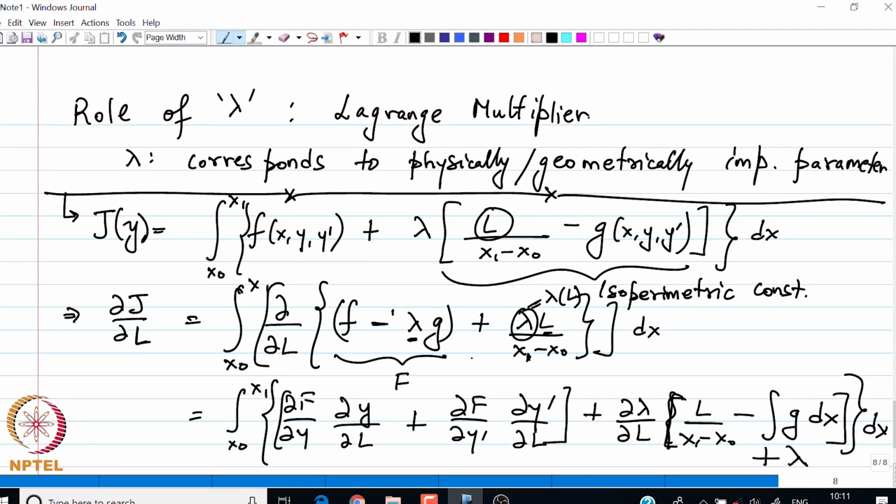Now when we integrate this quantity by parts, we can slightly simplify the expression.